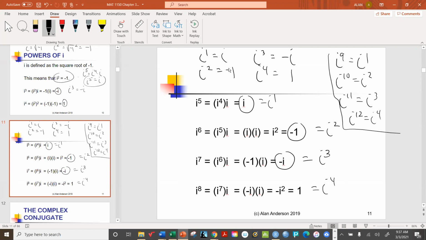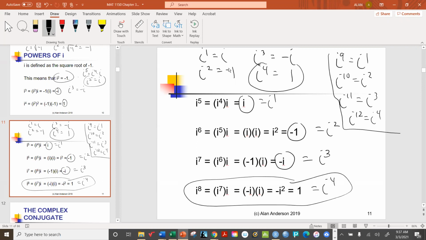Hey, Professor, I just have a quick question. Yes. So you said i to the 8th is equal to i to the 4th, but I remember you saying also that i to the 4th is equal to 1. It is, yes. And so you could just say i to the 8th equals 1 then, right? Yes, you could. That's absolutely true.